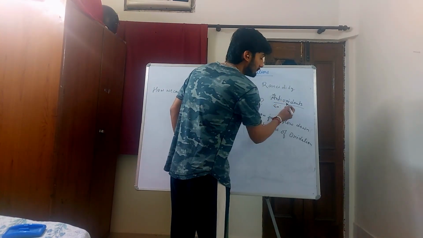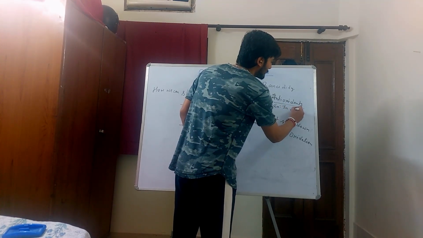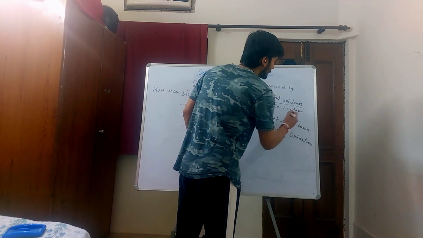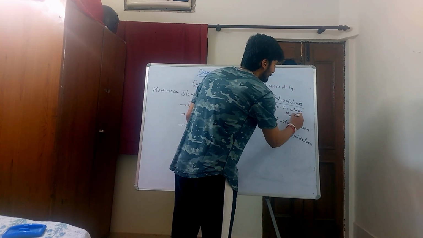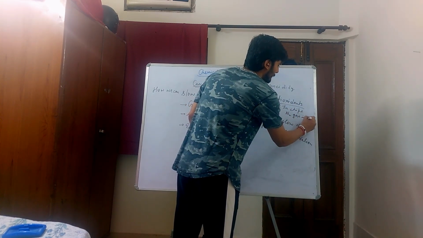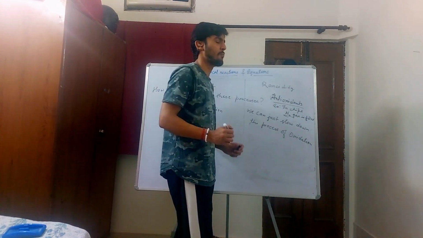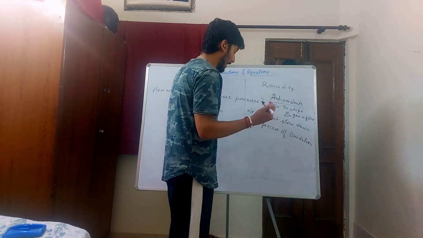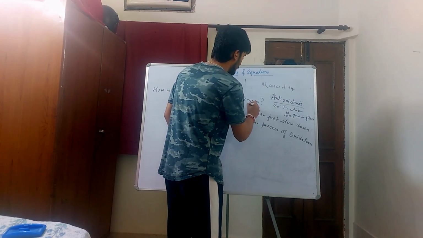Example, the best one for the chips. So in chips, which gas is filled? It's N2 gas, because this nitrogen gas is least reactive gas. Another example of antioxidant could be, should I write it here?